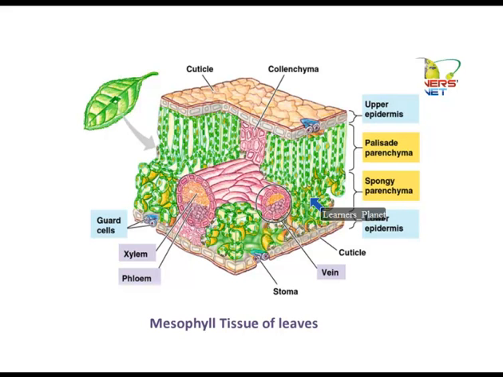During this reaction, oxygen is produced which will be diffused out into the intercellular space and then towards the outside. So this is how these parenchyma are playing a major role inside the cell, although they are not supporting the growth, but they are supporting the photosynthesis in this particular leaf.